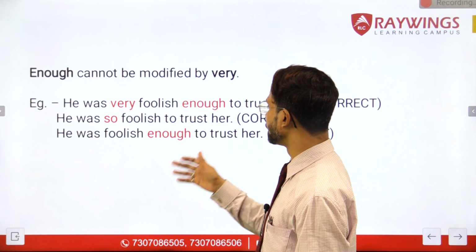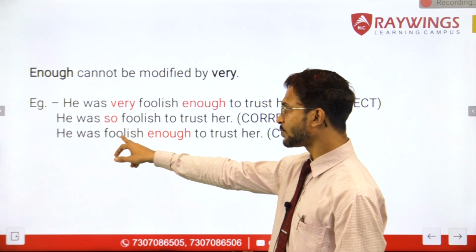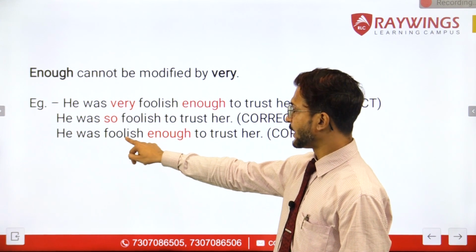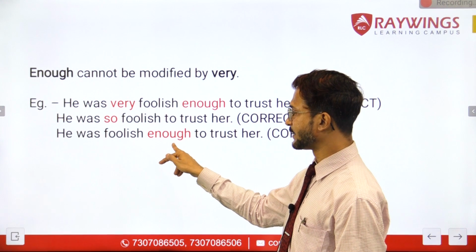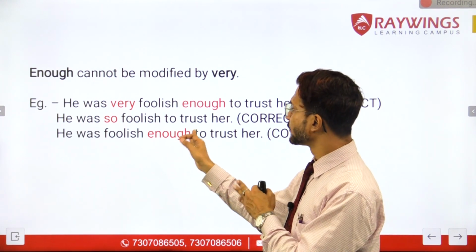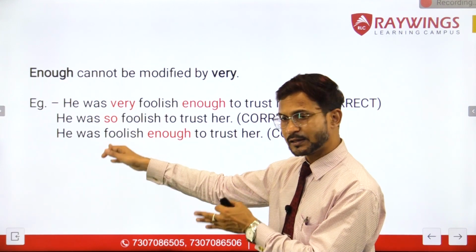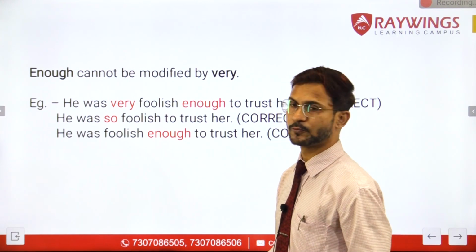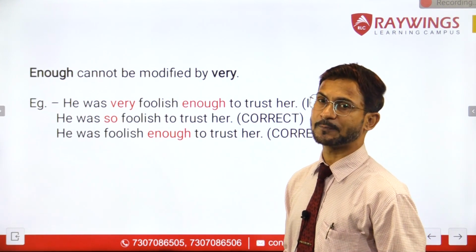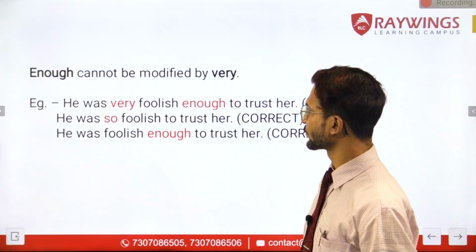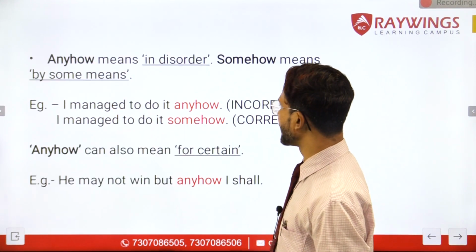Here foolish is again an adjective which is being modified by this adverb enough. Therefore we do not need to use any adverb before this word foolish. So, he was foolish enough to trust her. This is an absolutely correct sentence. I hope it is clear till here. Going to the next one.